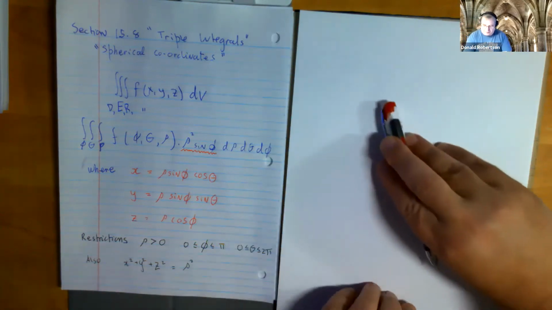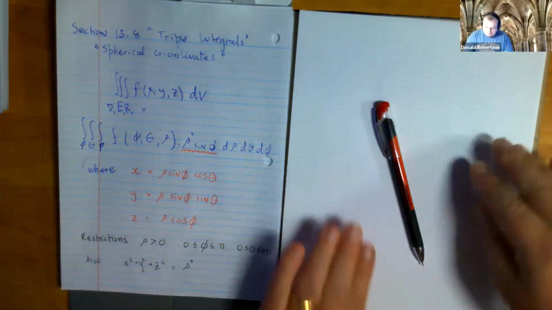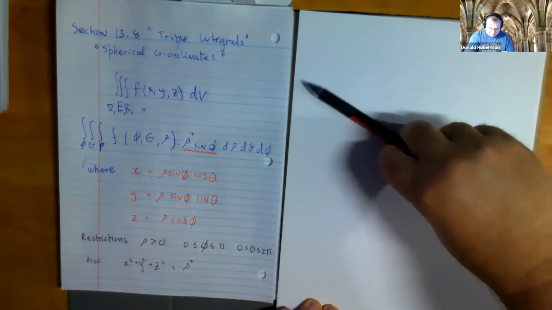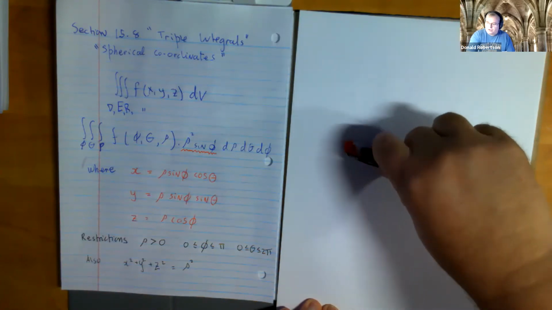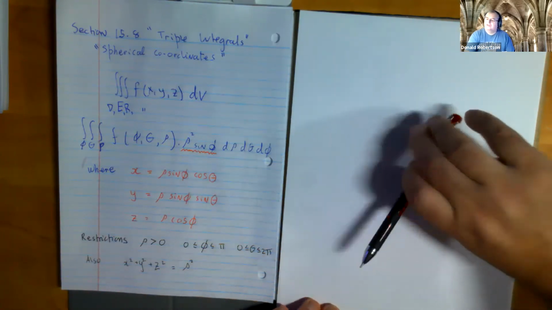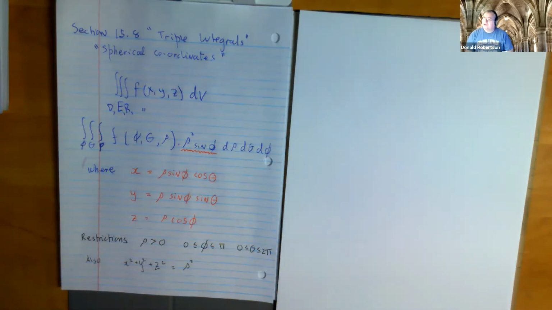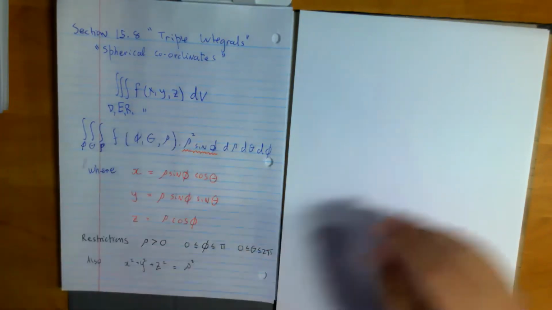And theta, imagine this is the xy plane. Theta basically lives in the xy plane, right? So if you go a big circle, you need 0 to 2 pi to cover every point in 3D space. And another little guy, which says that x squared plus y squared plus z squared is equal to rho squared. So that's the package that we're going to use.